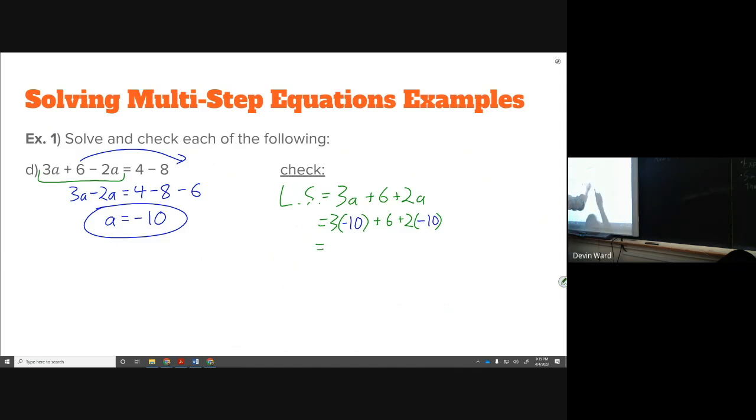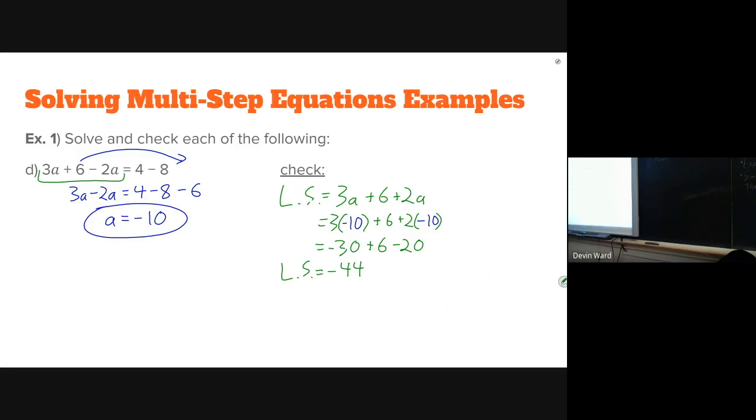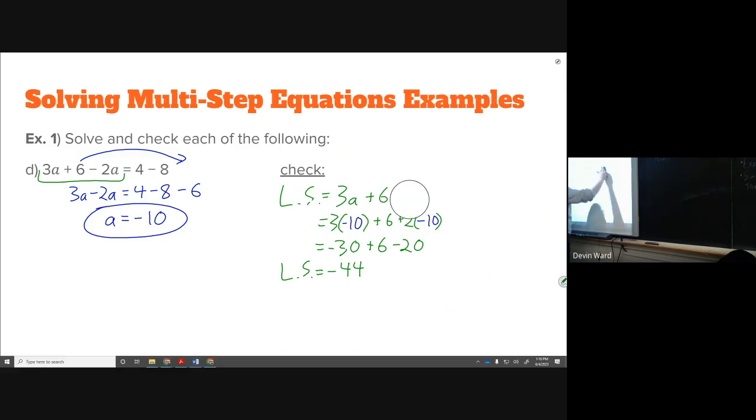Okay, so 3 times negative 10 would be negative 30 plus 6. 2 times negative 10 would be minus 20. Okay, add that all together, we should get negative 44 for our left side. Why? Oh, made a mistake. Sorry, let's just go back.